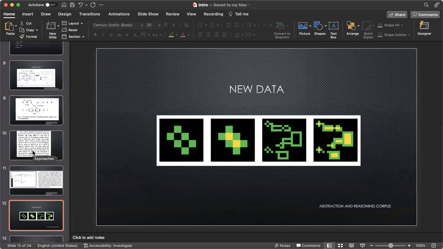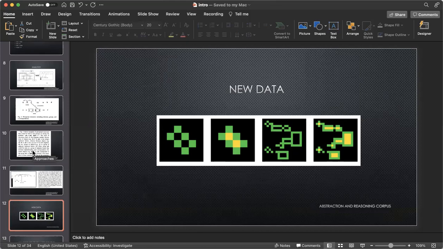This was in the 80s or 90s, and since then, naturally, the field has moved on in many different ways. It was only a few years back that people realized that one thing we need to do to make progress in these problems is to have new data and new benchmarks.